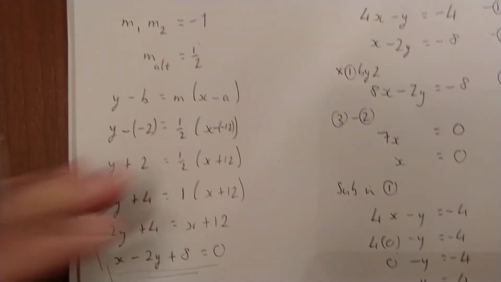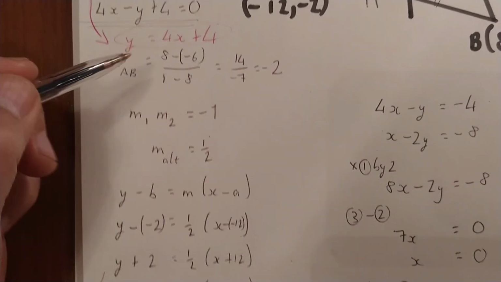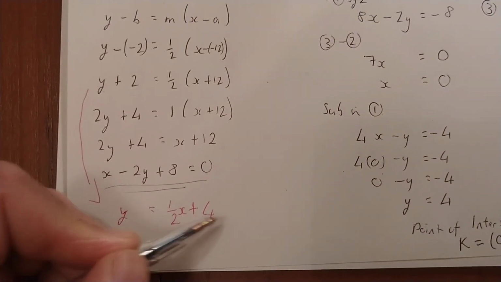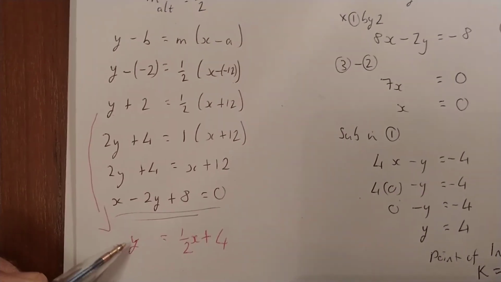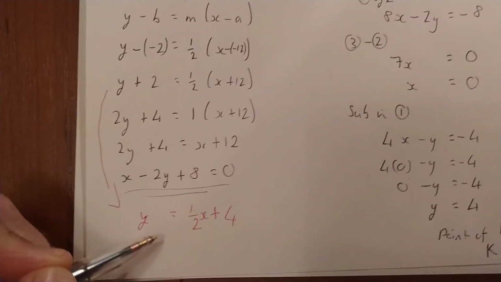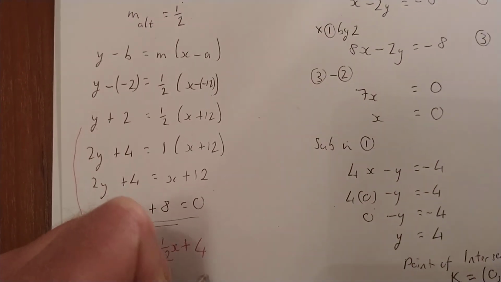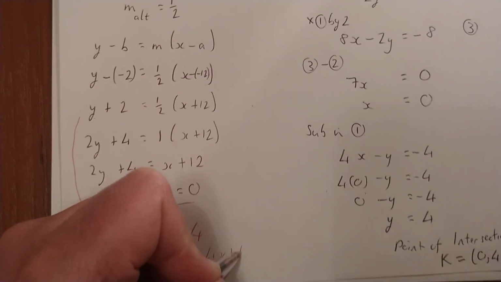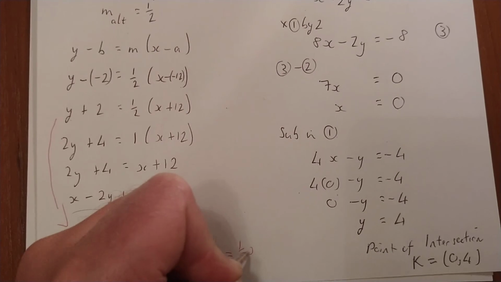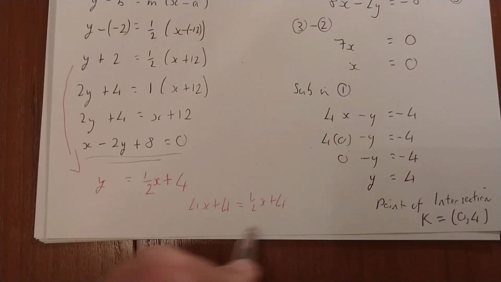And then for my simultaneous equations, I could then have said, now I'm going to solve, oh, y is 4x plus 4, but y is also a half x plus 4. I'll substitute for this y with that because I know that y is also 4x plus 4. And then go down the line of saying 4x plus 4 is equal to a half x plus 4, and solve these.